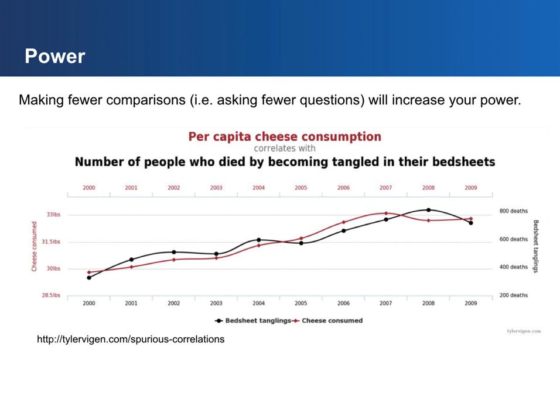But again, if you go on a fishing expedition and you just keep looking for something, eventually, because of just random dumb luck, you will find something that is statistically correlated, even though there is no causal relationship between the two.